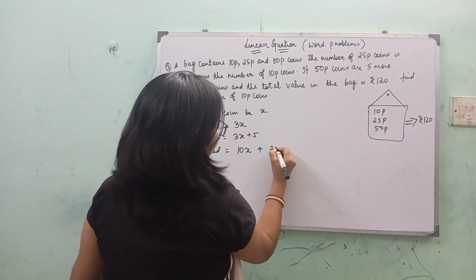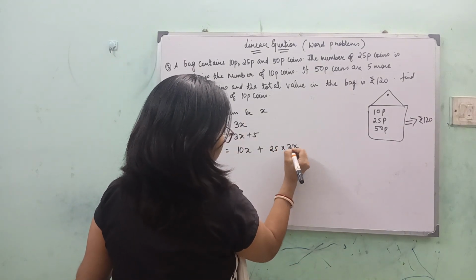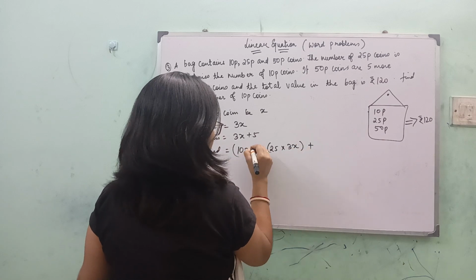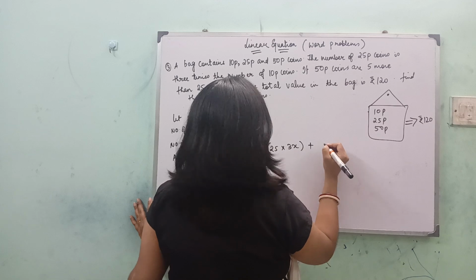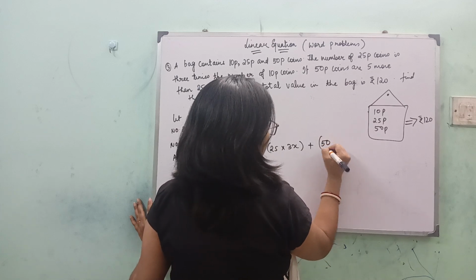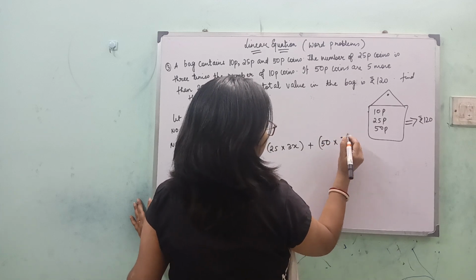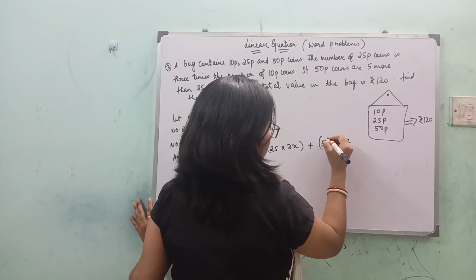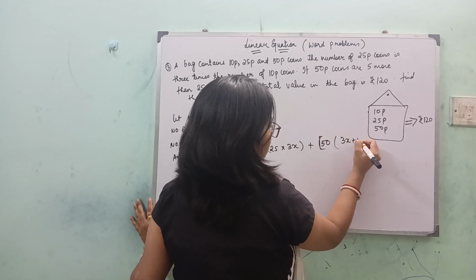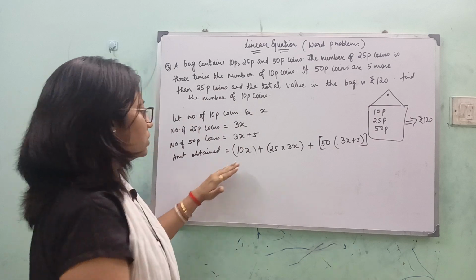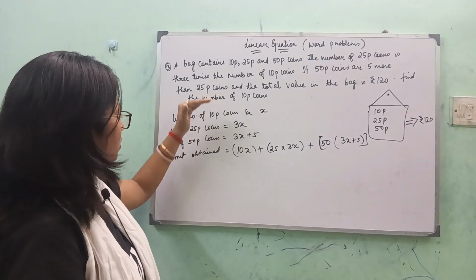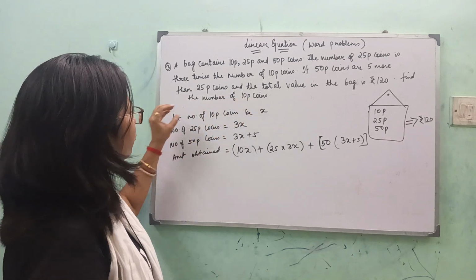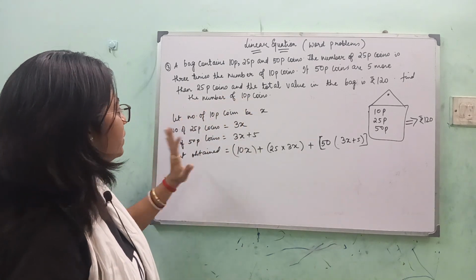So 25 into 3x. And 50 paisa is 3x plus 5. So 50 into (3x plus 5). So this is the amount that is obtained from the number of coins present for each of the categories.